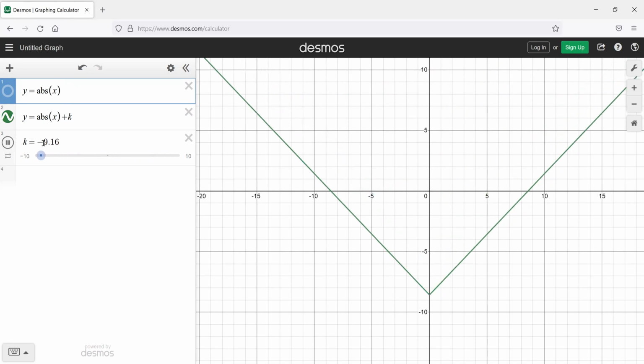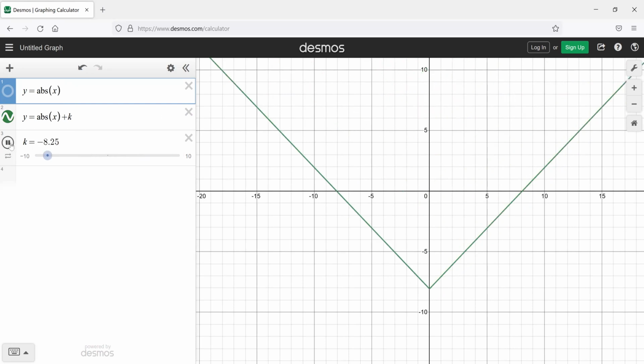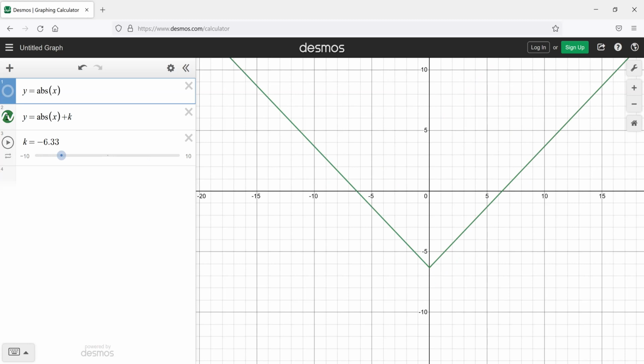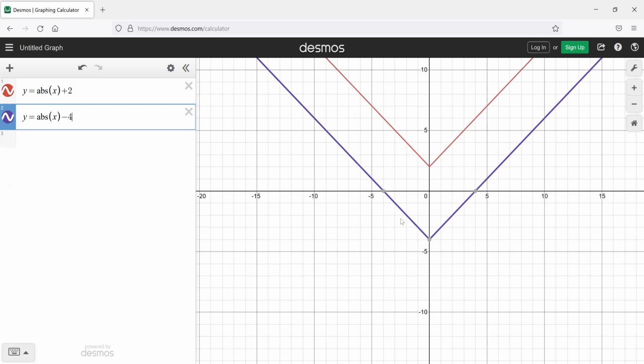But watch this case. See on the left here, see how the K, when it's positive, it's up above the x-axis. Do you see that? Okay, so if we write the absolute value of x plus 2, see how it's above the x-axis? And if I go -4, see how it's down?